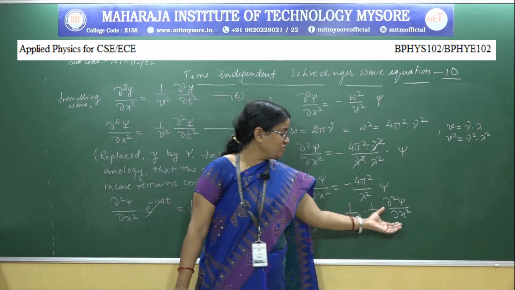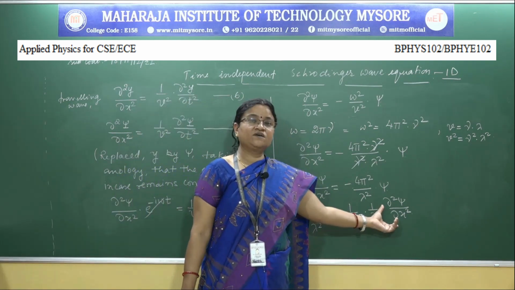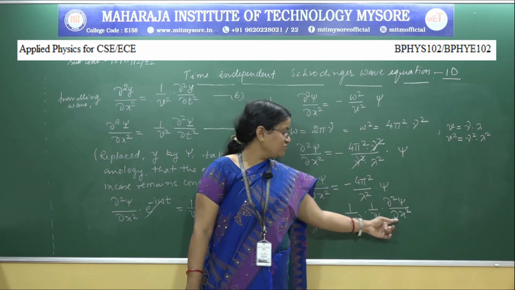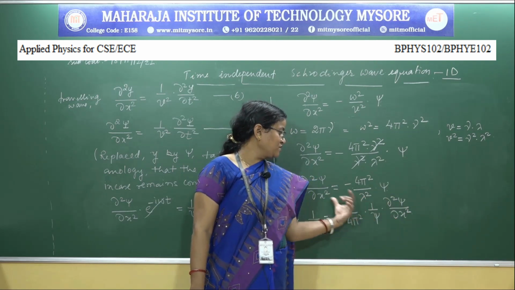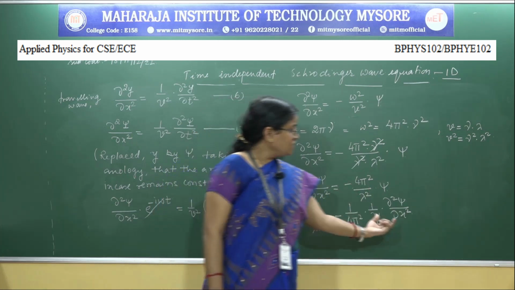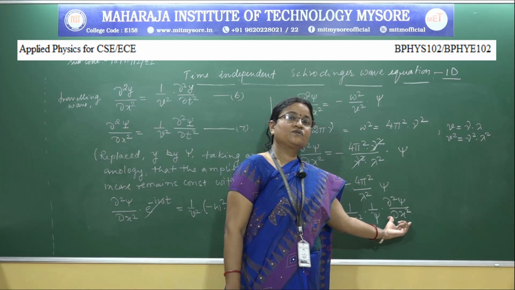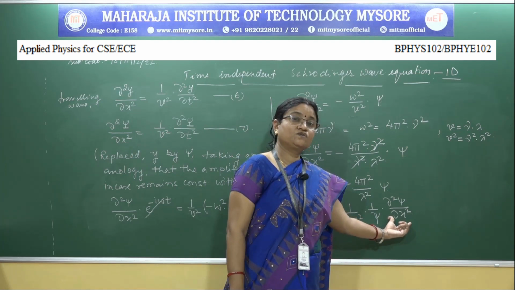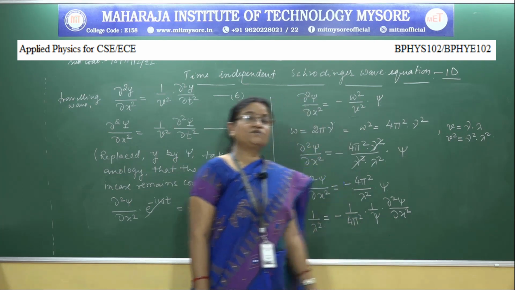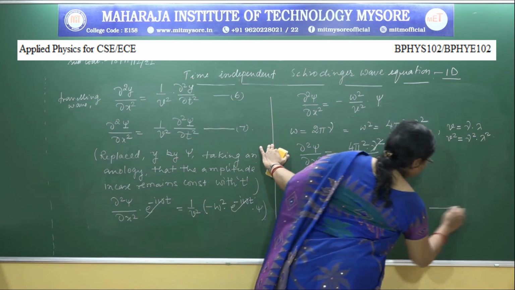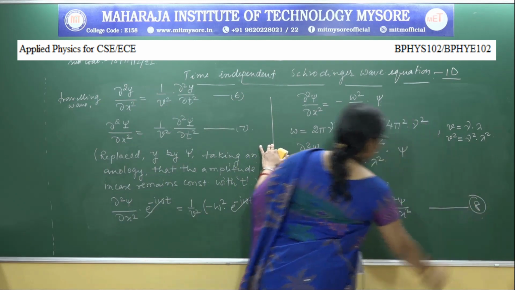Remember, don't cross multiply the differential term, it is one complete term. You will not multiply dou x to this side or either side. It is not cross multiplication. You have to retain the term dou square psi by dou x square. Now this is equation 8.